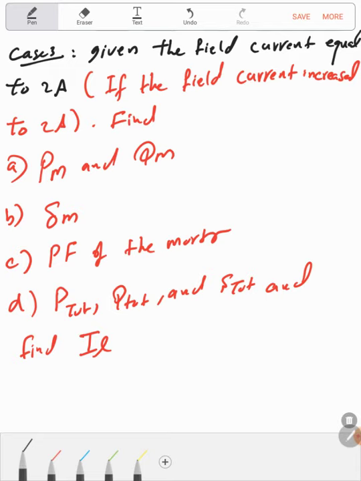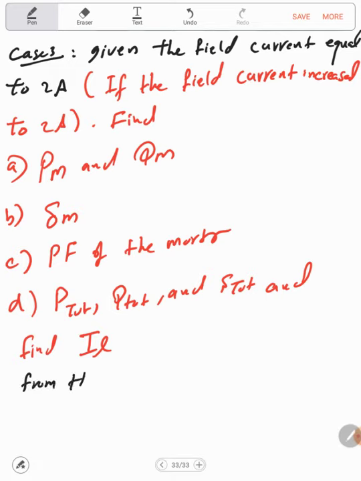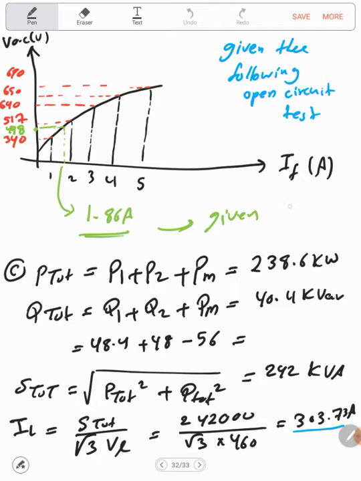So from the open circuit characteristic, this one, now the field current IF is adjusted or increased from 1.86 to 2 ampere.